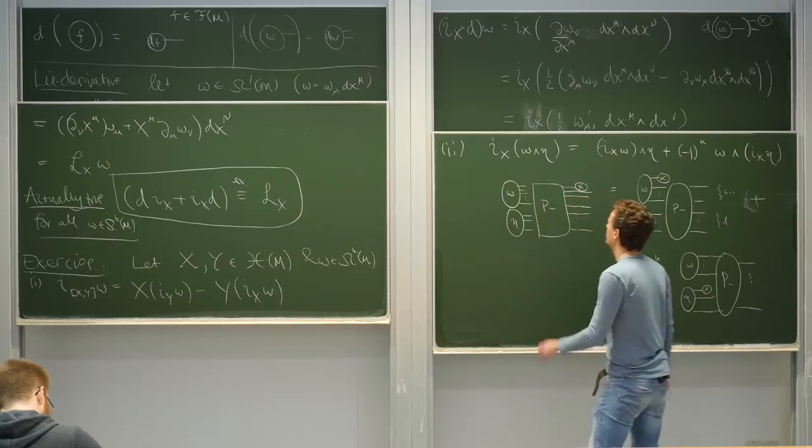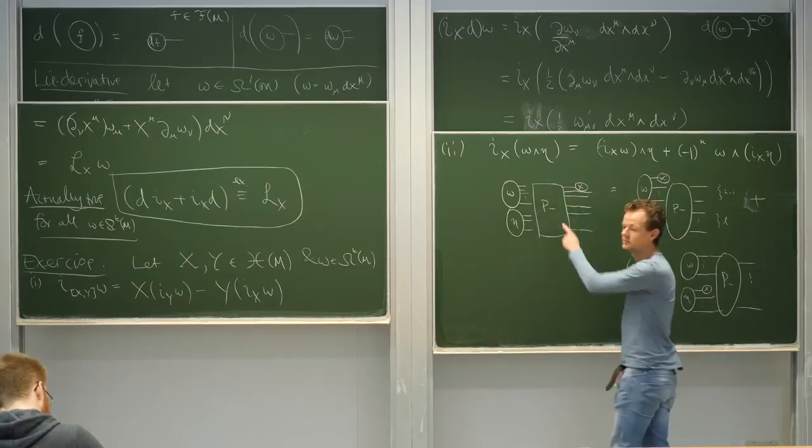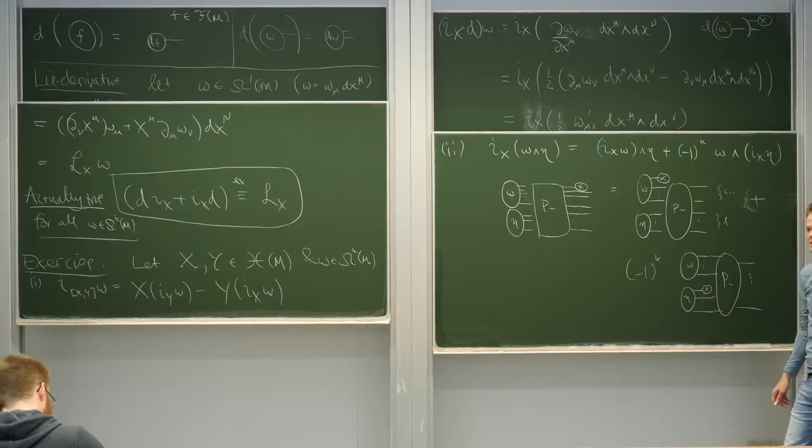You can convert this to a proof if you like by thinking, how does x pass through the anti-symmetrizer box? And then you'll have the answer.